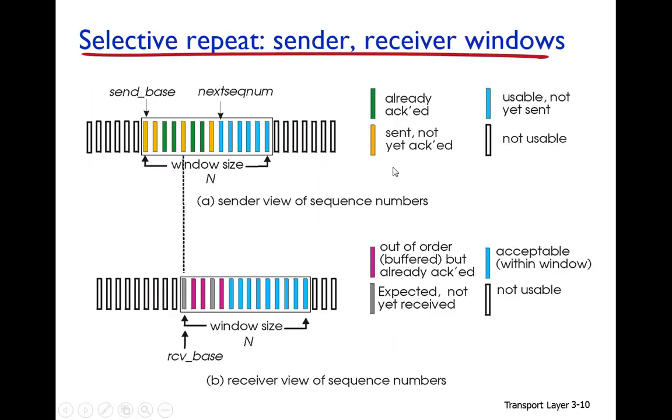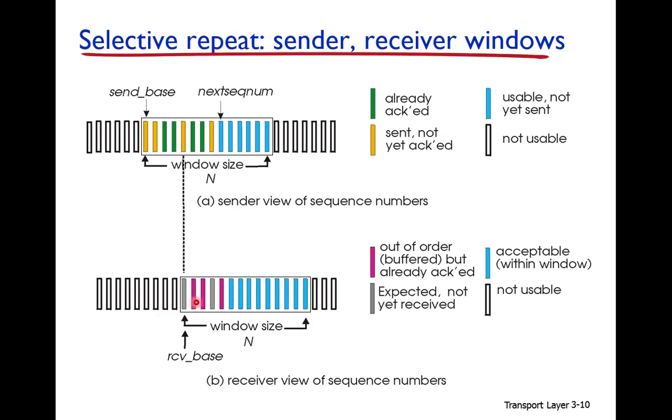For example, you can see here, this is the receive base, the first sequence number that the receiver is expecting, the smallest sequence number that the receiver is expecting from the sender.